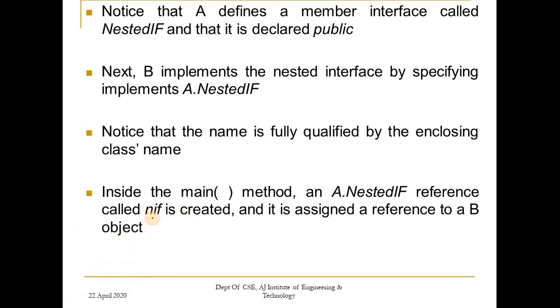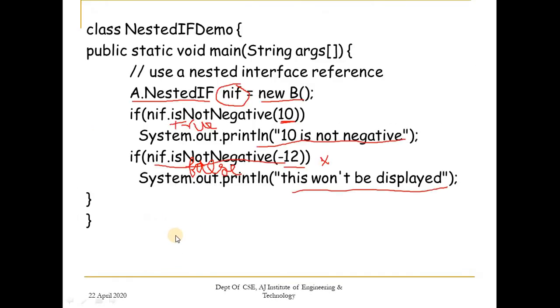NIF is a reference of A dot nested if, and it was assigned a reference to a B object. See here, we created a variable of type interface and we assigned it to an object of class B, right?